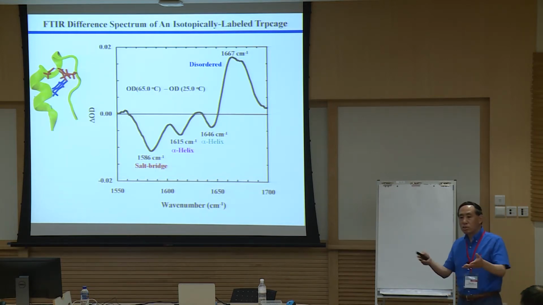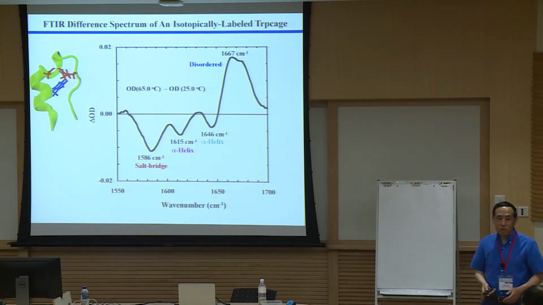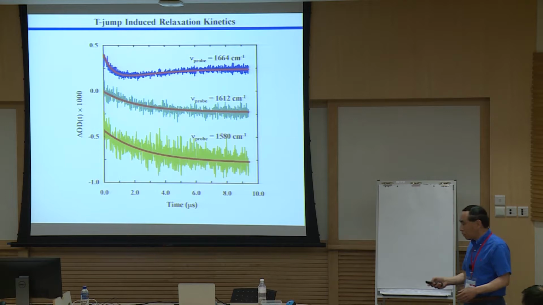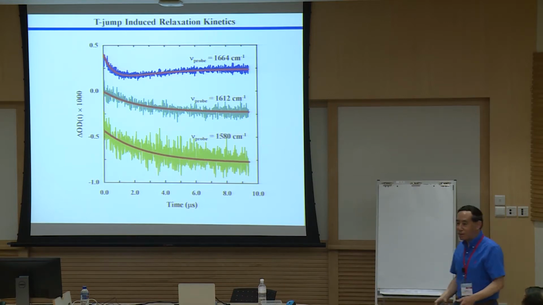Then, of course, you do the T-jump, and you monitor each and every one of the signatures, and at the end you get the kinetics, though our signal-to-noise ratio is much worse than what Dongping has shown.